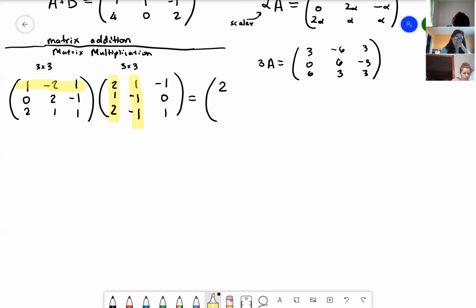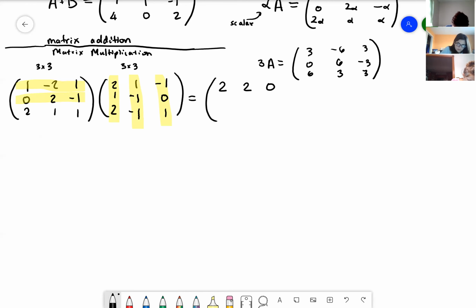So this is 1 plus 2, that's 3, minus 1, that's 2. Then we take this column times the top row, and that's minus 1 plus 0 plus 1 is 0.